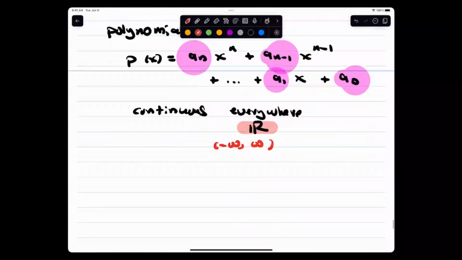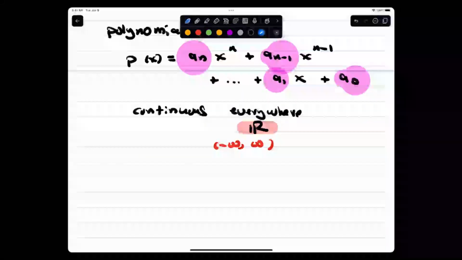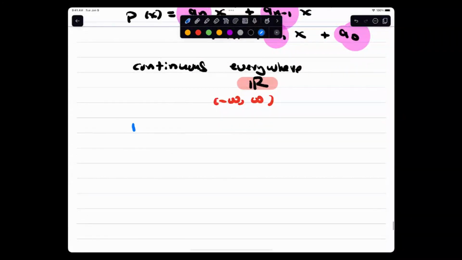So you might say, why are you mentioning this to me? Because remember the definition of being continuous at a point? The limit as x goes to a of any function is simply what? Direct substitution, ladies and gentlemen.